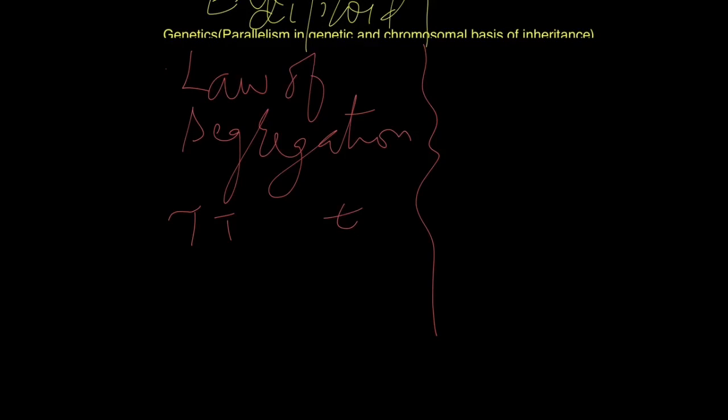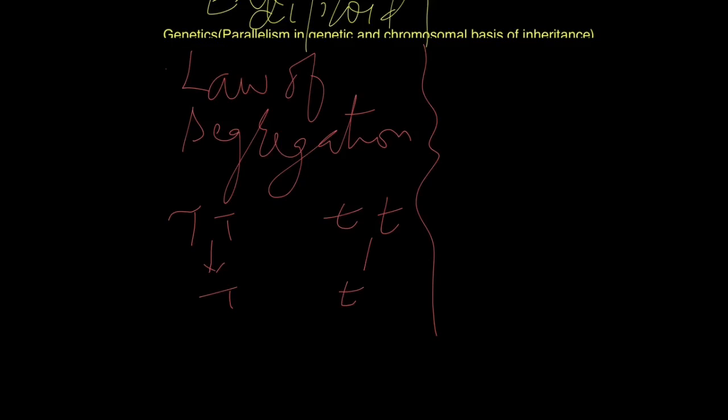This is also called the law of purity of gametes. What happens is that each gamete, during the phase of division, receives a single gene, which on further fertilization passes the information from parents to offspring.